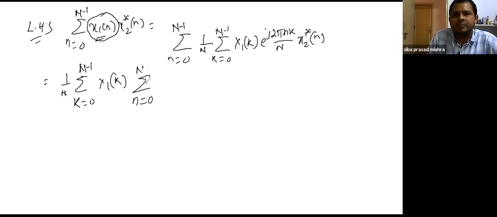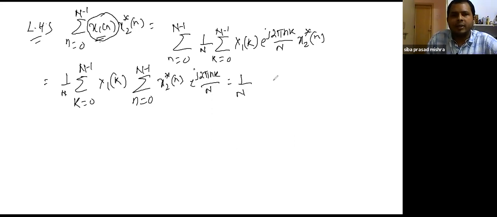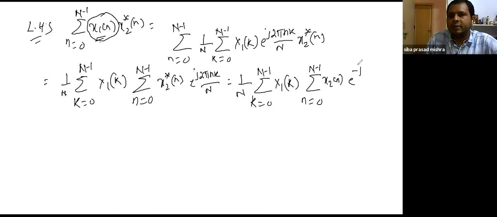Summation of n from 0 to N minus 1 of x2 conjugate n, and that term is e to the power j 2 pi n k by N. How can I write this? 1 by N summation of k from 0 to N minus 1 of x1 k, then summation of n from 0 to N minus 1. My intention is to take the conjugate completely outside, so it is x2 n e to the power minus j 2 pi n k by N, with this complete conjugate taken outside.